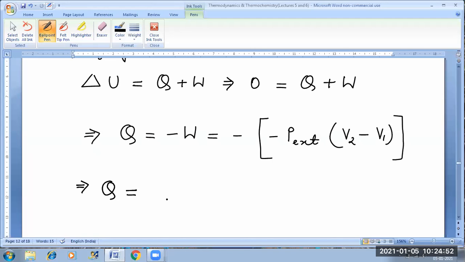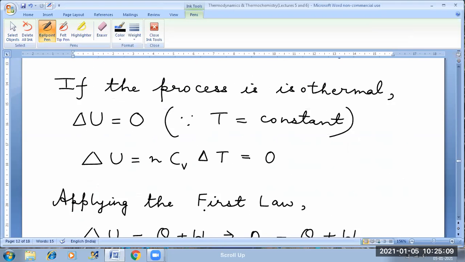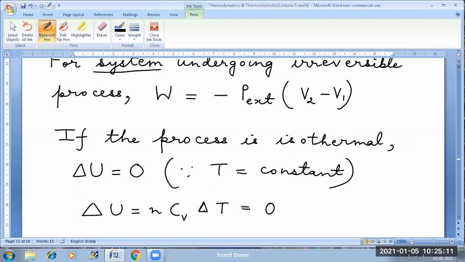So Q will be equal to P external into V2 minus V1. But this Q is the actual heat exchanged by the system because I have applied this for the system, right?